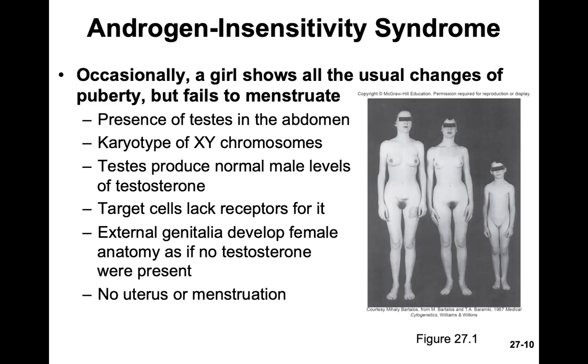So what happens is you'll have a child that develops into a female with all female secondary sex characteristics, but they don't menstruate when it's time.